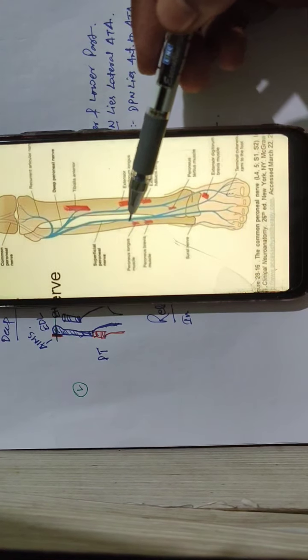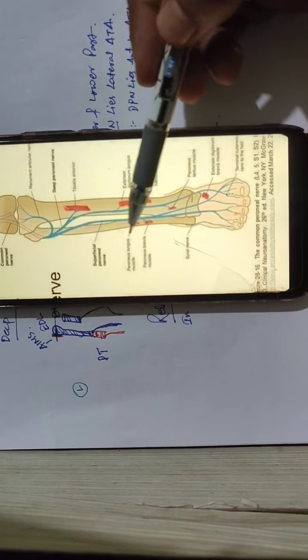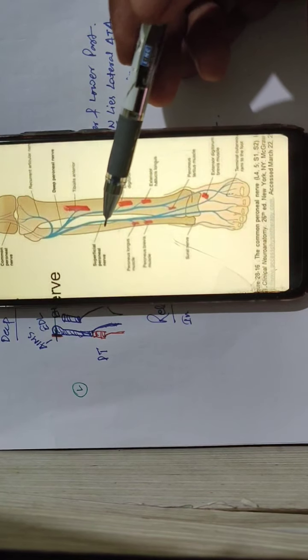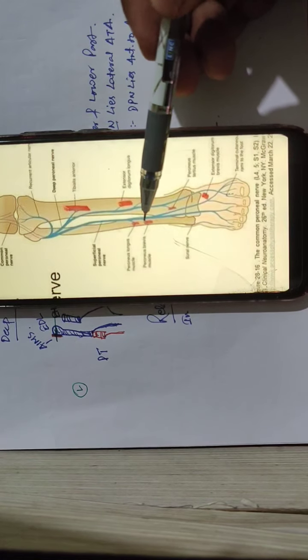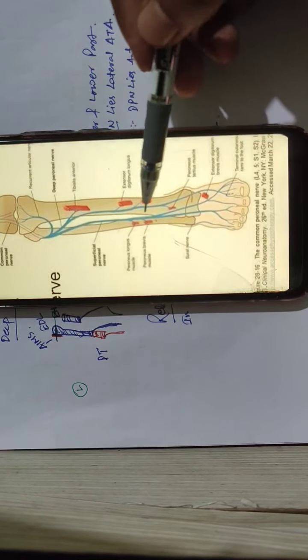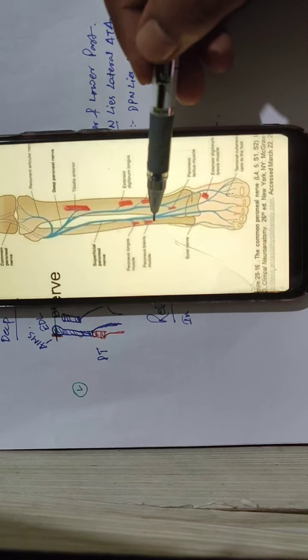In the upper part, the muscle on the lateral aspect of the fibula is called the peroneus longus muscle. It reaches the peroneus longus muscle, then the peroneus brevis muscle, and there is a groove found between the peroneus brevis muscle and the extensor digitorum longus muscle.